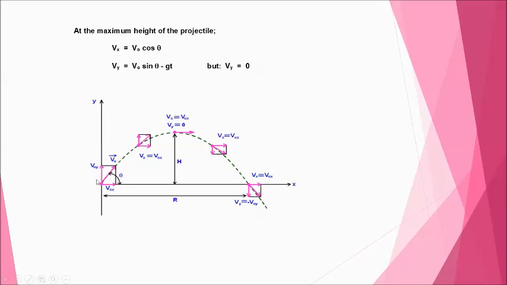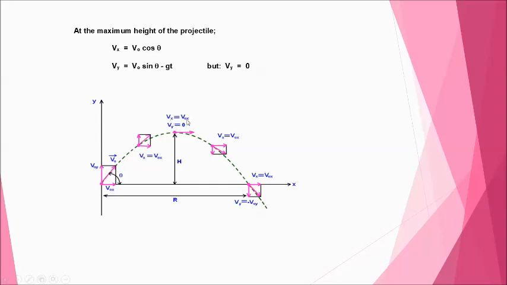O kung kukunin natin itong triangle na ito, yan yung buo. That's one half of the projectile path and one half of the range. But it gives you the height. At that point, the y component is 0.